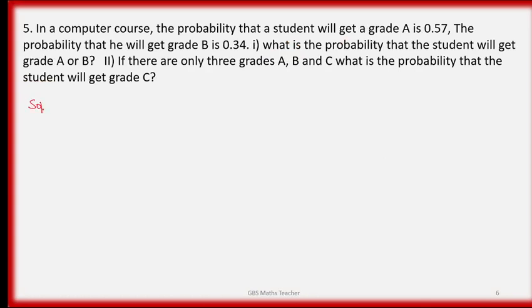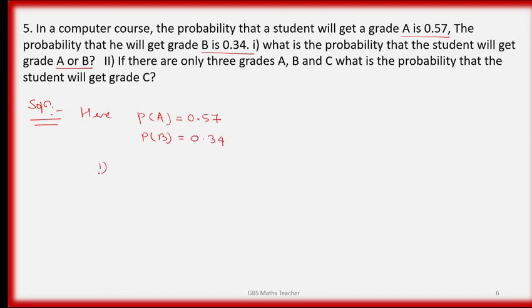Now the solution for this question, dear students. In a computer course, the probability that a student will get grade A is this, the probability that he will get grade B is this. What is the probability that the student will get grade A or grade B? Probability of getting A grade is 0.57, probability of getting B grade is 0.34.